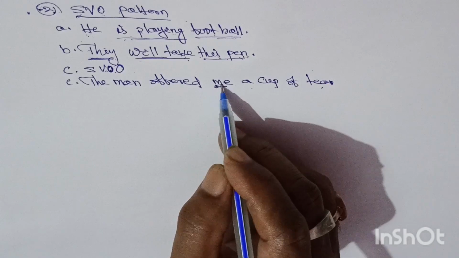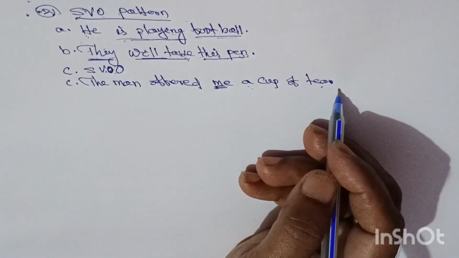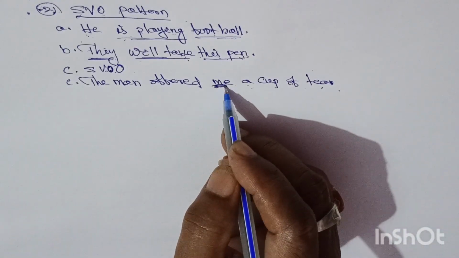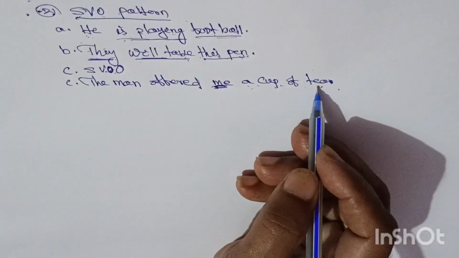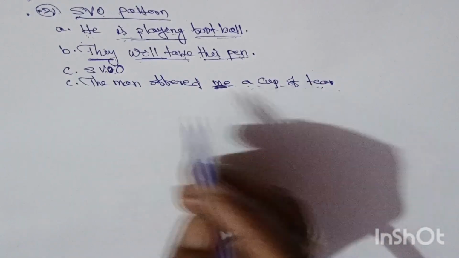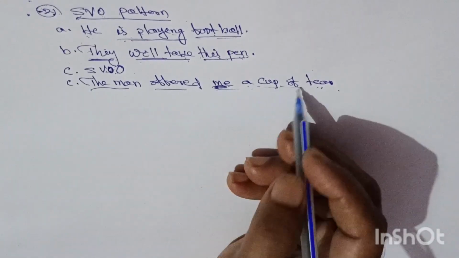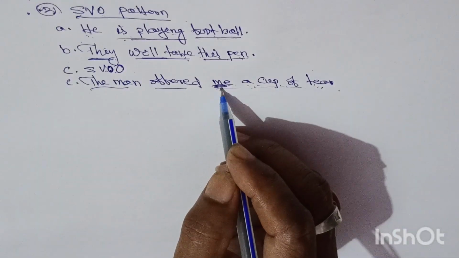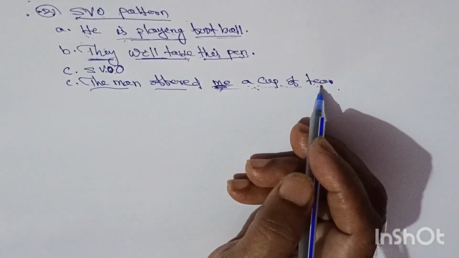An indirect object always refers to a person. A direct object refers to a thing. So here the person, me, is the indirect object, and a cup of tea is the direct object. The subject is the man, the verb is offered, and the two objects are me and a cup of tea.